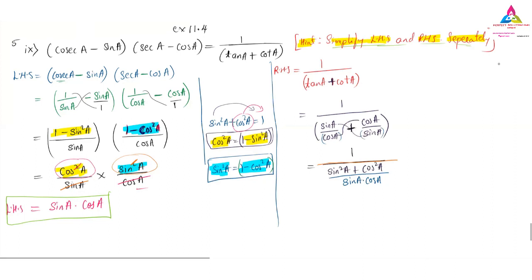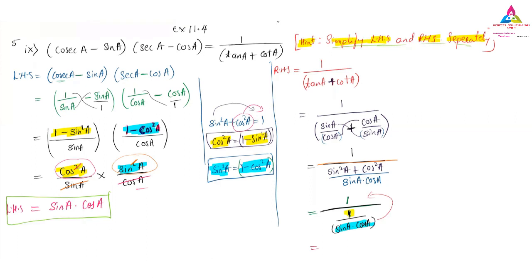Okay, now let us continue with the identity. 1 divided by sin square A plus cos square A, which is identity number 1 that we know, so that is nothing but 1 divided by sin A into cos A. Now the whole division: what is below in the division remains in the denominator only, but what is below in the inner fraction goes directly to the numerator.